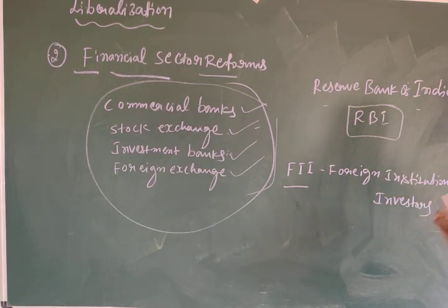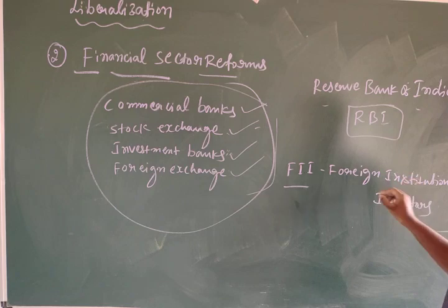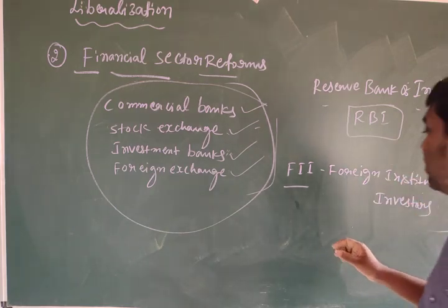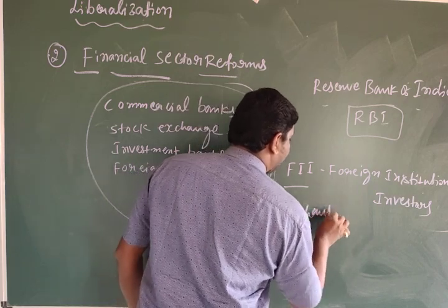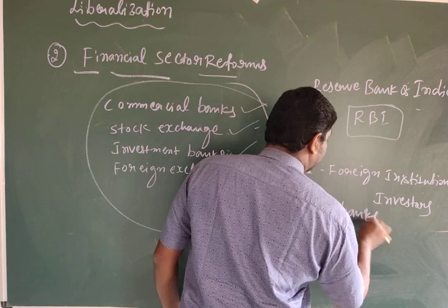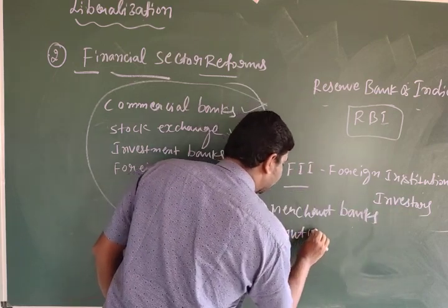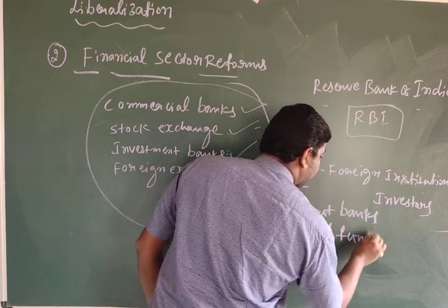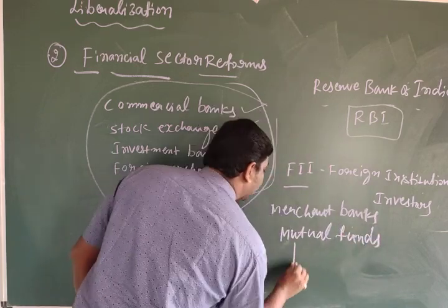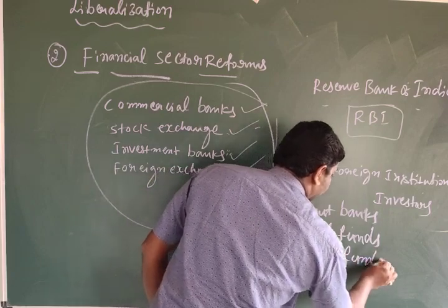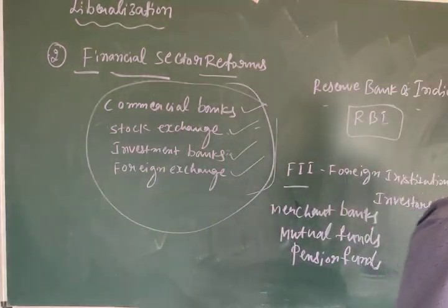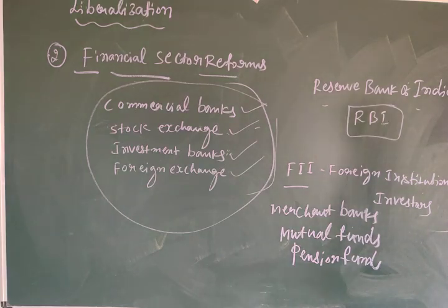Foreign institutional investors, FII, are given permission. They include merchant banks, mutual funds, pension funds, etc. For this also they are given permission with the help of liberalization.